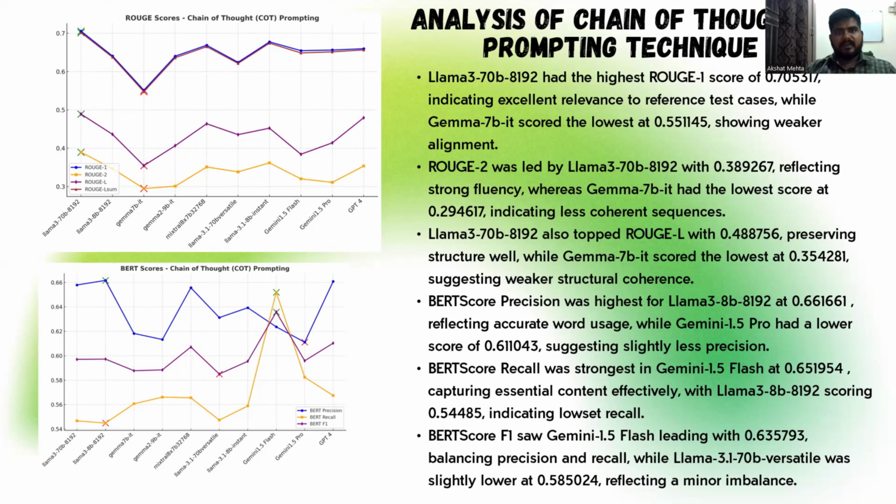Gemini 1.5 Flash also led in the BERT score F1 at 0.63587, showing the best balance between precision and recall, while Llama 3.1 70 billion Versatile was slightly lower at 0.585042. Continuing with the next slide.